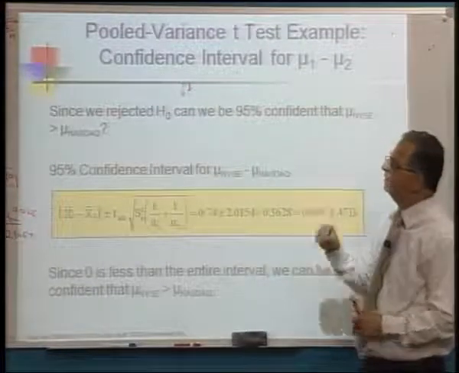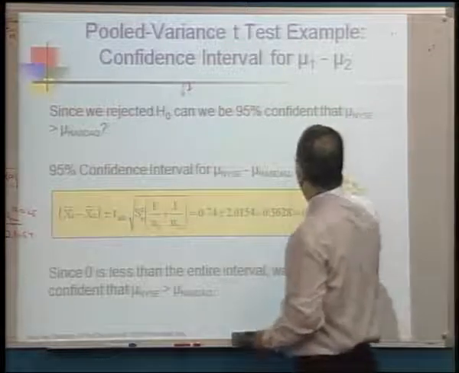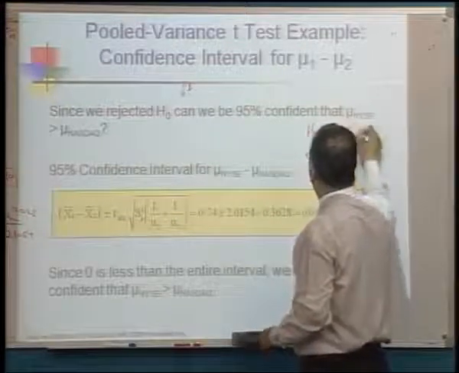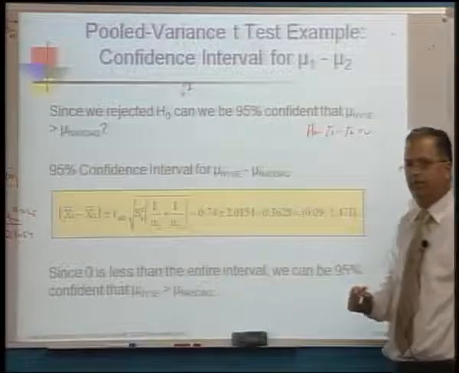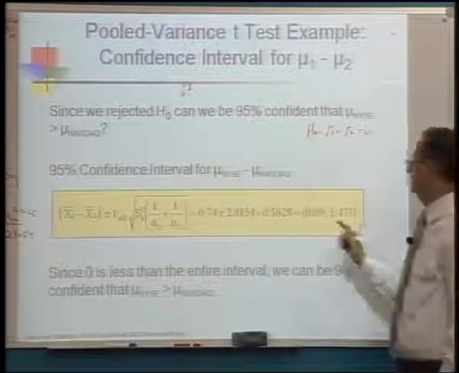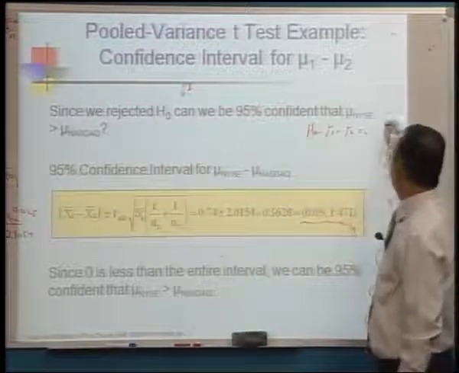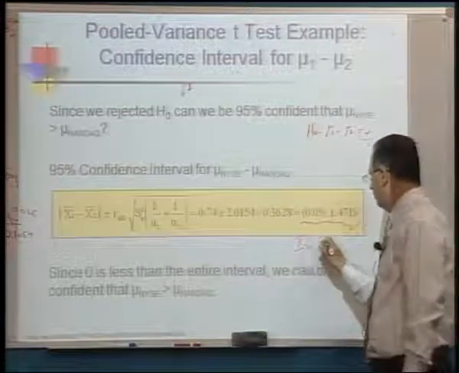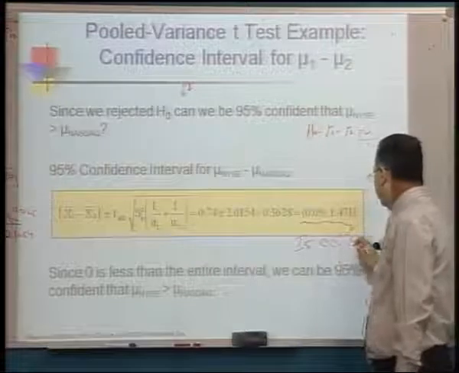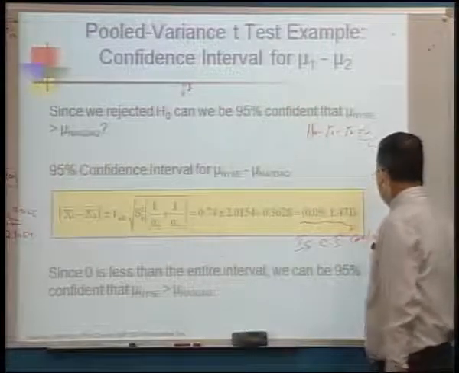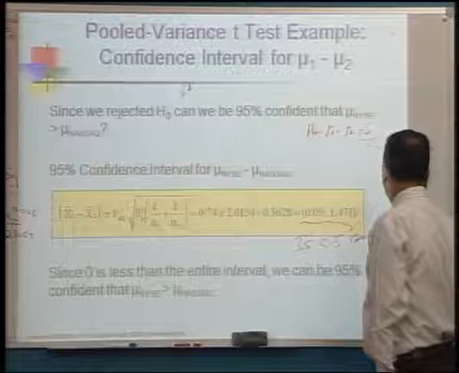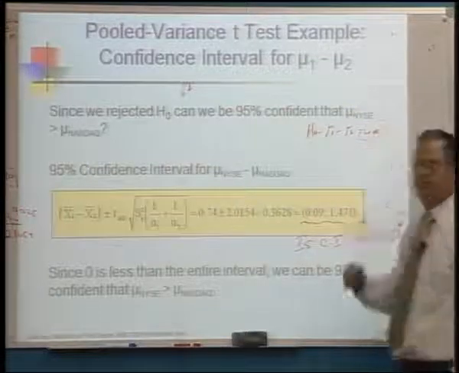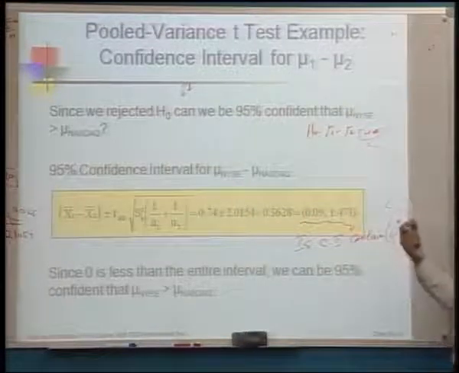Now the question is, since we are testing mu1 minus mu2 equals 0, does this interval contain 0 or not? Maybe it's 1, not 0. In this case, it's 0.